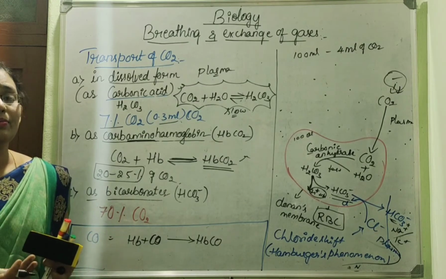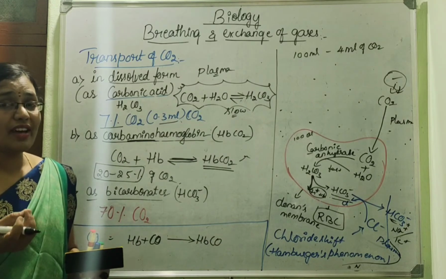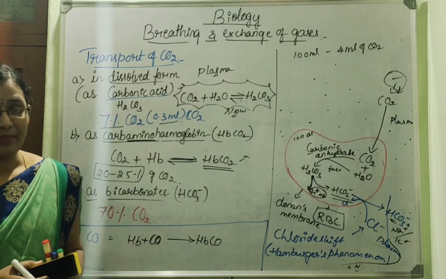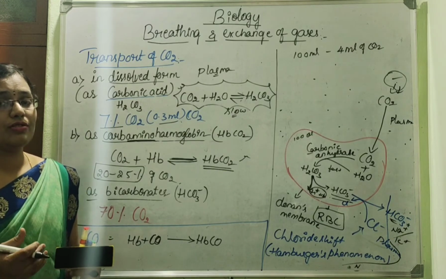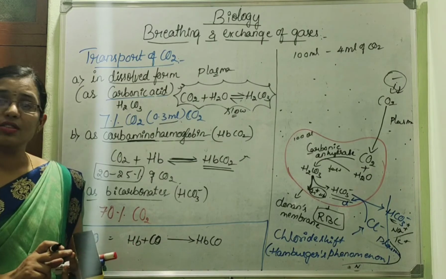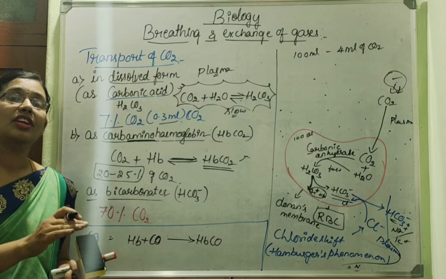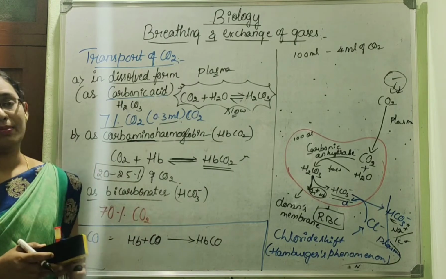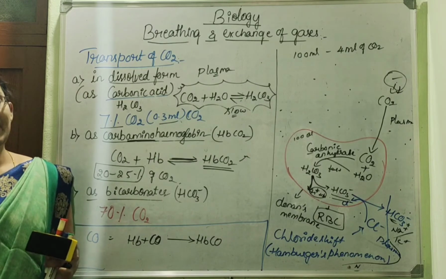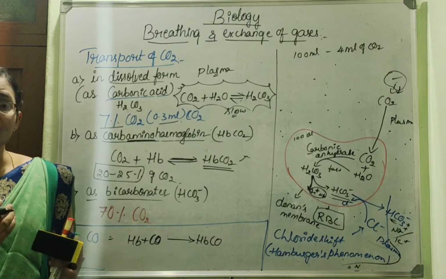As more and more carbon monoxide binds to more and more hemoglobin, the number of available hemoglobin molecules goes on decreasing. So there will be a problem in carrying oxygen as well as carbon dioxide. When the availability of hemoglobin becomes less, the formation of oxyhemoglobin also becomes less.